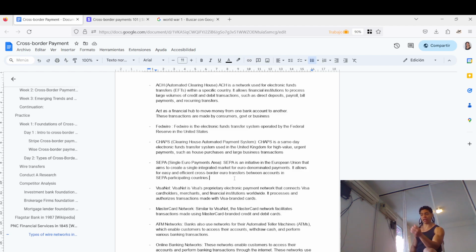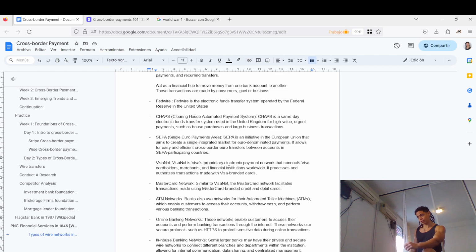I'm quite familiar with that because I would like to get in, but I'm not able to. The other is VisaNet, Visa's proprietary electronic payment network that connects Visa cardholders, merchants, and financial institutions worldwide.